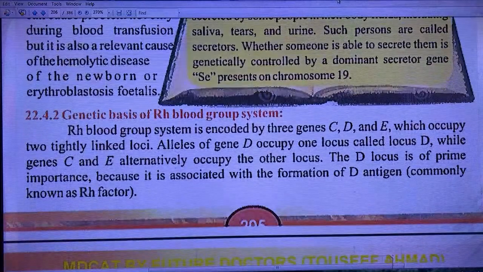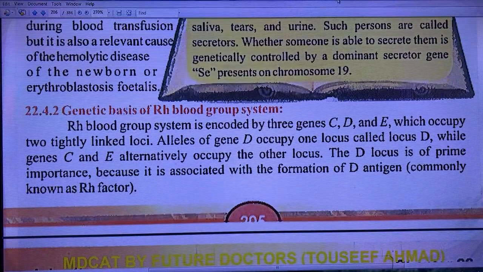Genetic basis of the Rh blood group system. The Rh blood group system is encoded by three genes C, D, and E, which occupy two tightly linked loci. Alleles of gene D occupy one locus called locus D, while genes C and E alternatively occupy the other locus. The D locus is of prime importance because it is associated with the formation of D antigen, commonly known as Rh factor.